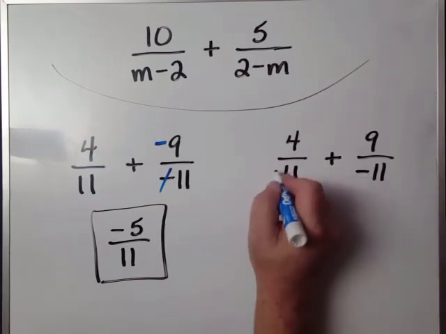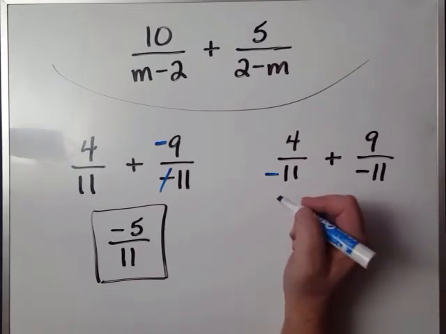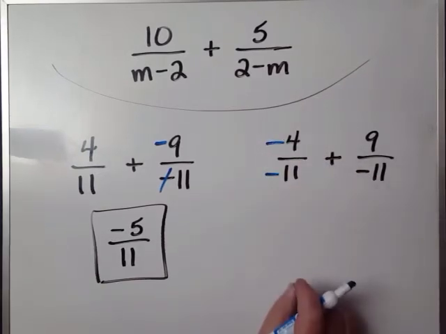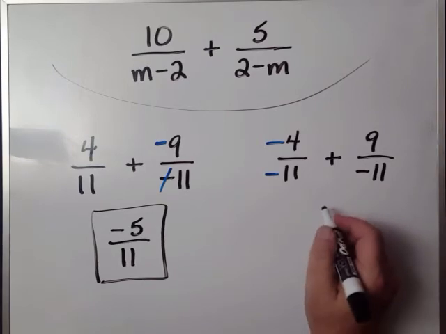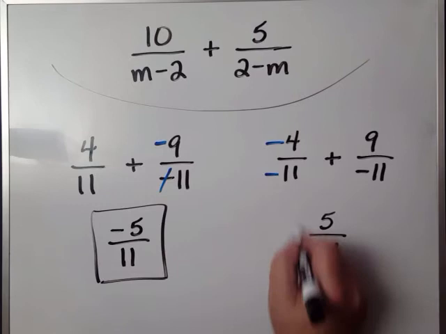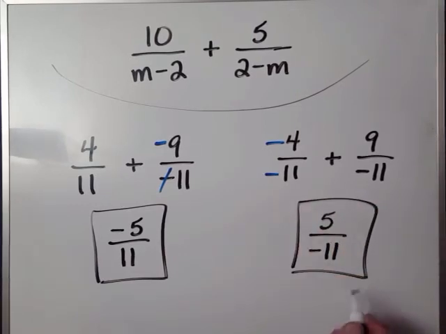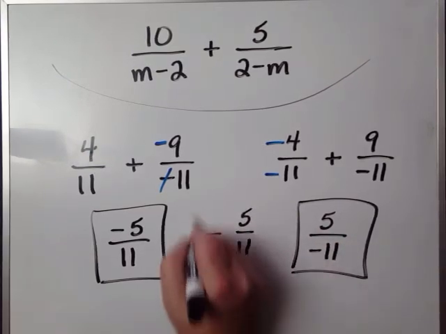Well, take the opposite of that denominator and give the resulting negative, let's say, to the top. Just taking the opposite of the top and bottom, right? And so what's this going to give me? As I add these numerators, I get a positive 5 over this common denominator, negative 11. And of course, you know that these two answers are the same, and either one of them could have been written as negative 5/11.